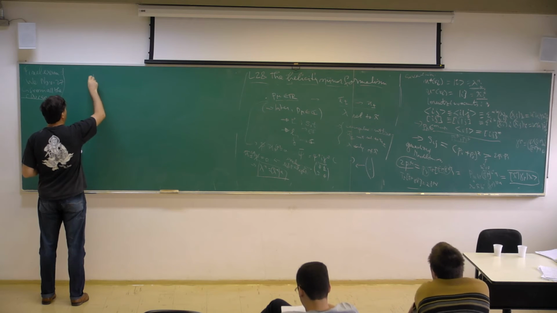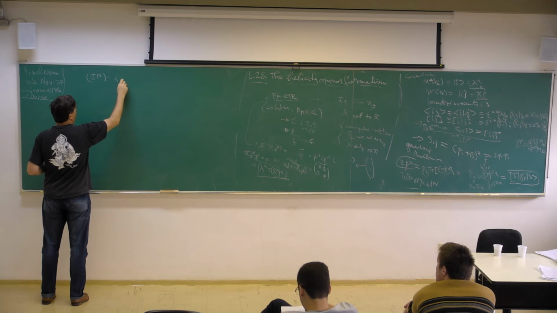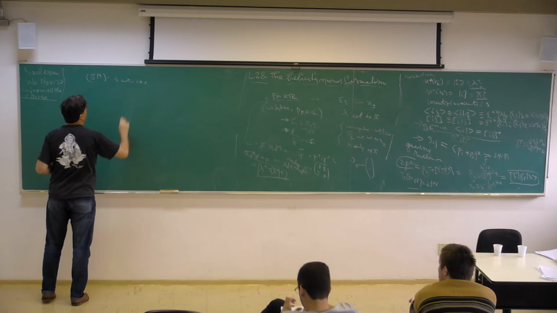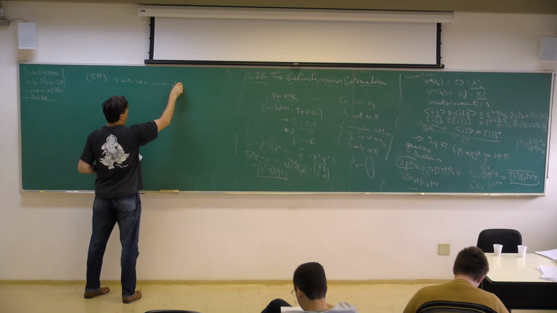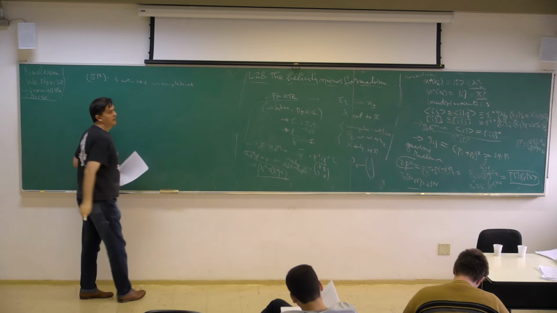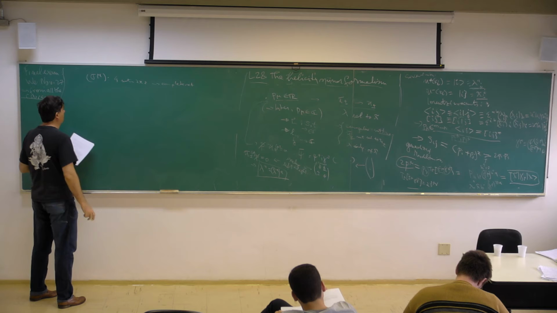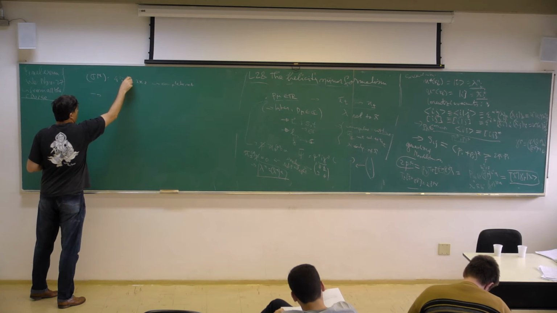So the matrices are sigma mu. There are 4 matrices 2 by 2. So they are a complete set in the set of 2 by 2 matrices, for independence.